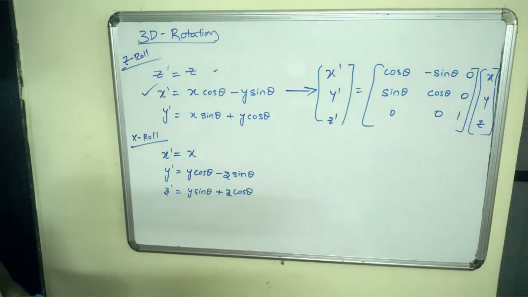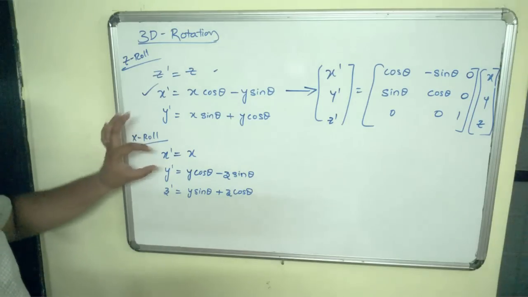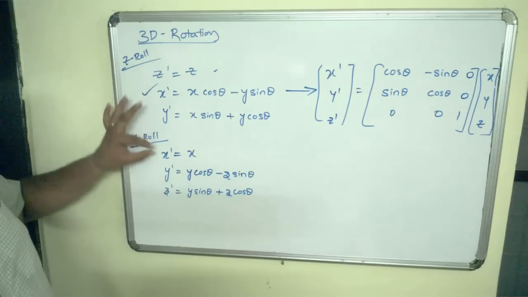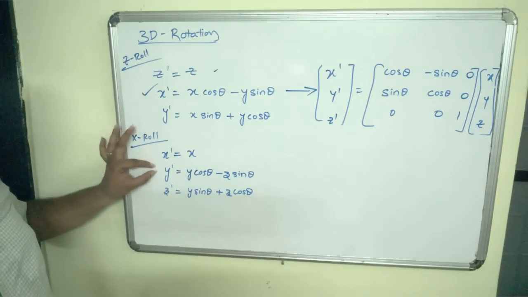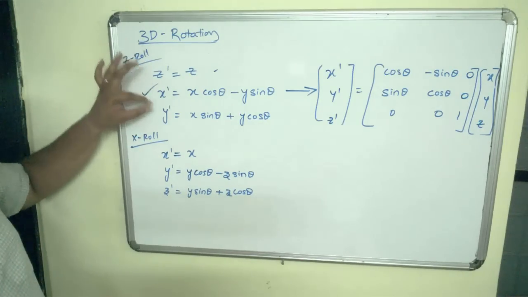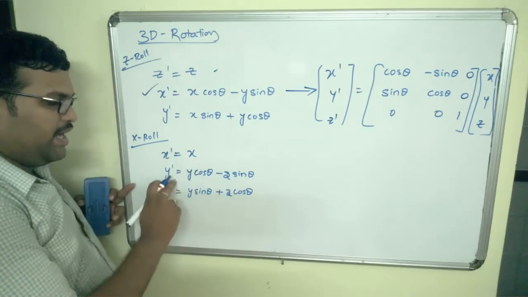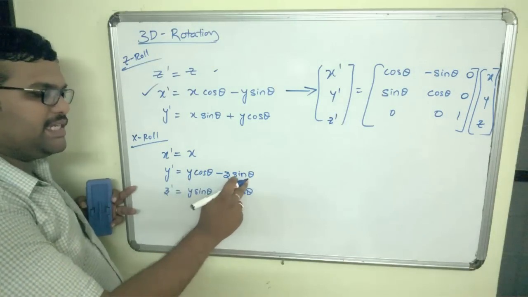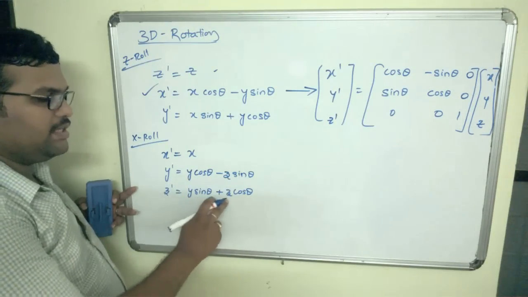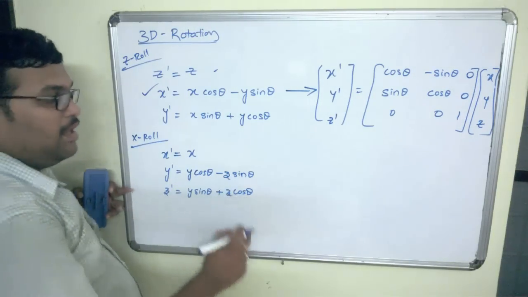The same formula which we have written, just we are shifting x to y, y to z. So x dash is equal to x, y dash is equal to y cos theta minus z sin theta, z dash is equal to y sin theta plus z cos theta.